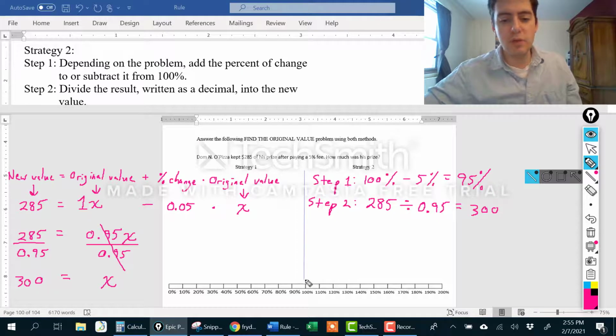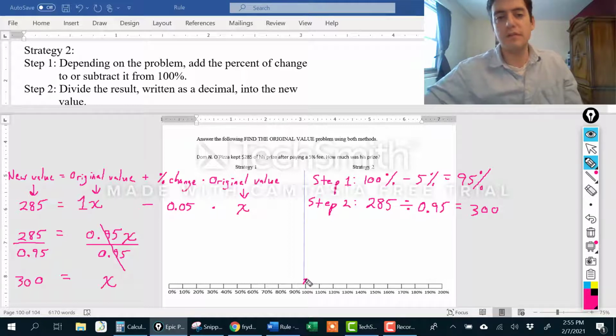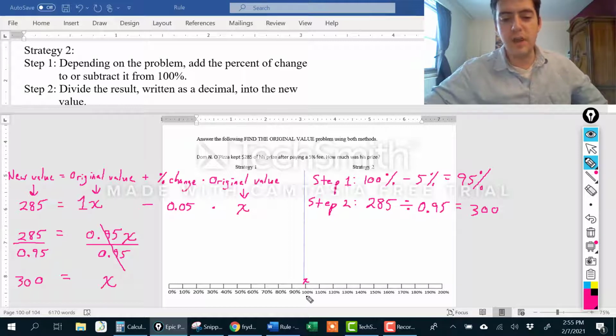In this problem, the original amount of money is what I was looking for. So maybe I'll put an X over here, or I could have even put a question mark over here because that's what we had to figure out. But just like the other problem, the original amount went down by 5%.